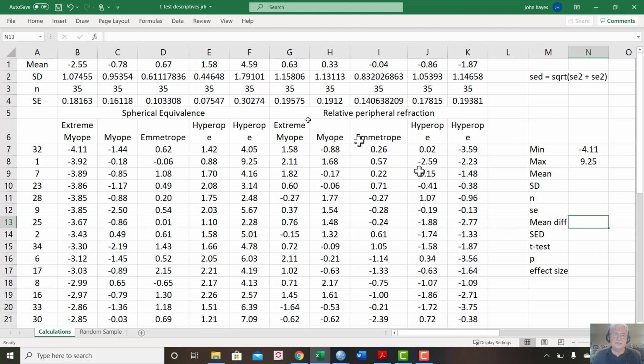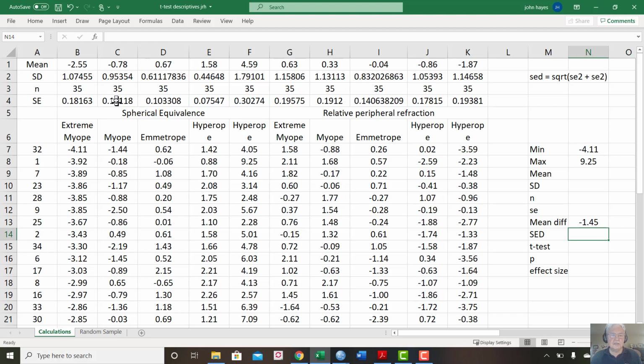Let's do the difference between emmetropes and myopes. So the mean difference is equal to the mean myope minus the mean emmetrope. That's the difference.